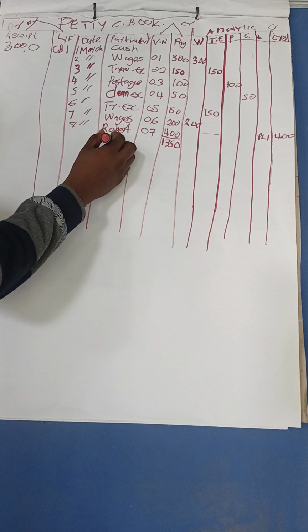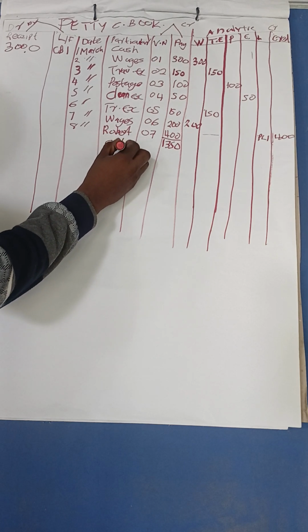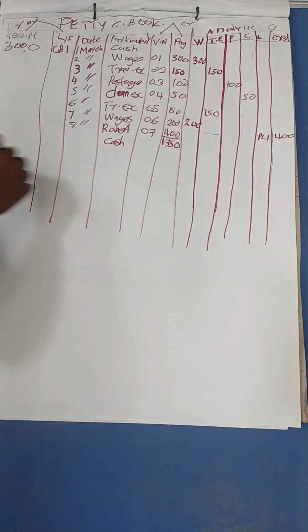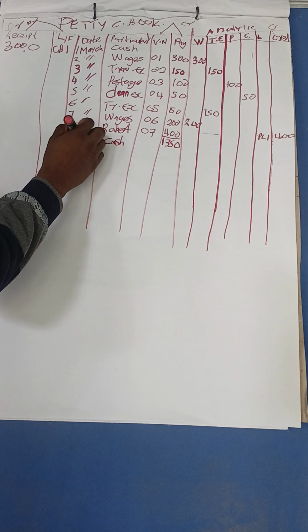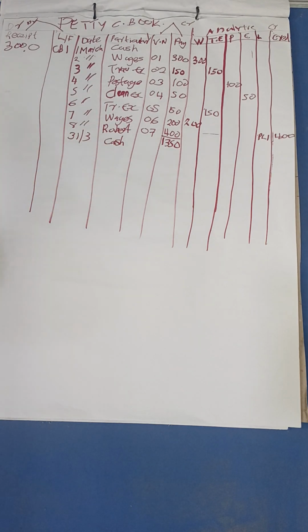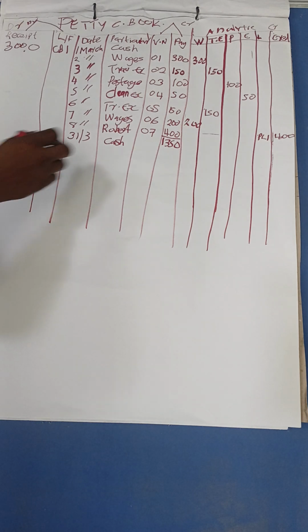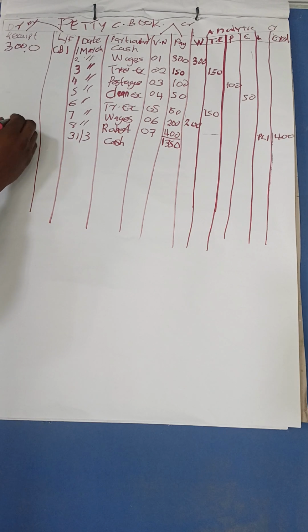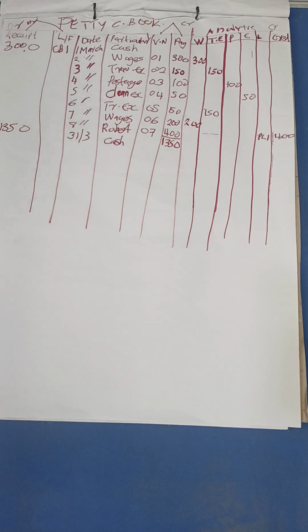So you are going to report back the cash you have spent as at 31st of March. I have spent cash costing 1350. So here I've gone to the cashier, I'm now on the counter. I've gone to report at the end of the 31st. I will say at 31st I've spent 1350.